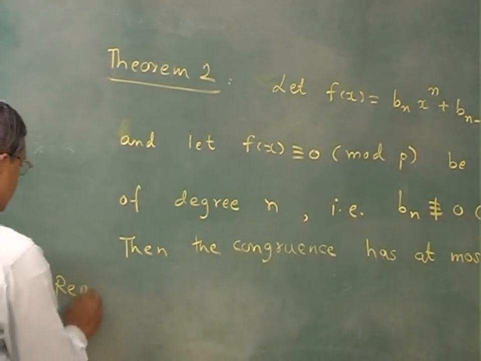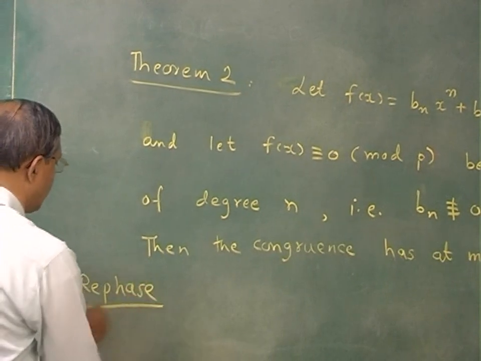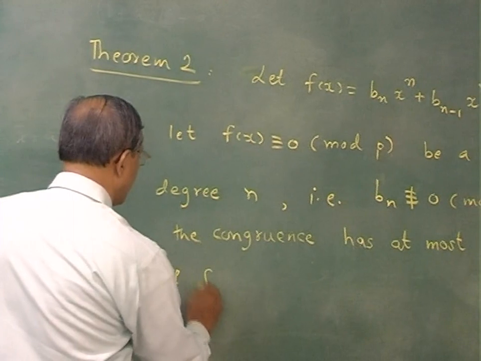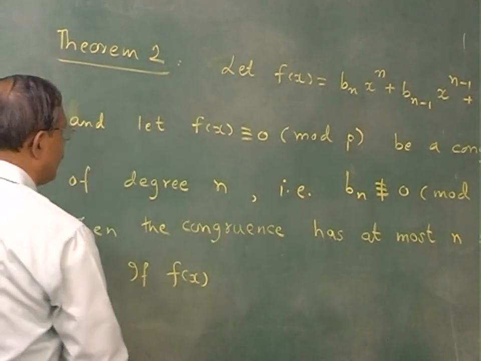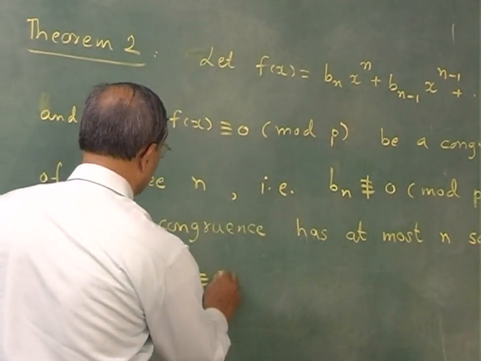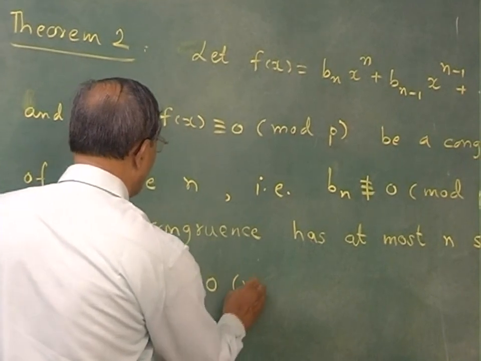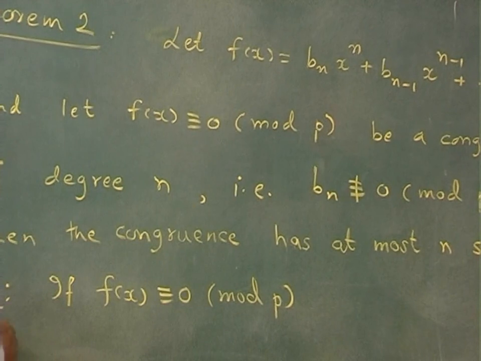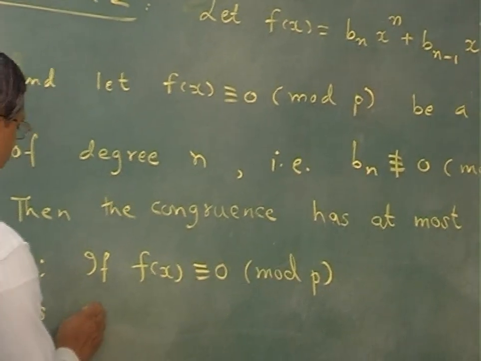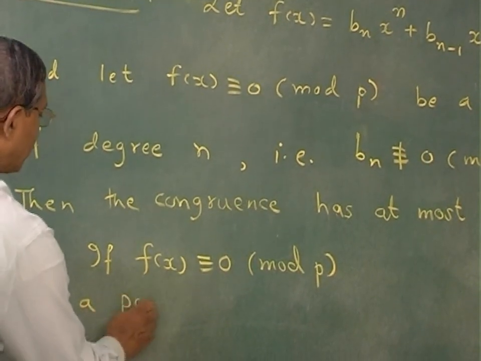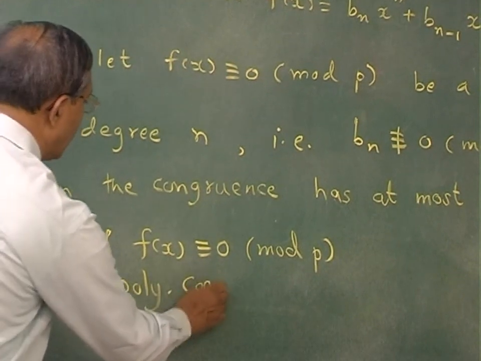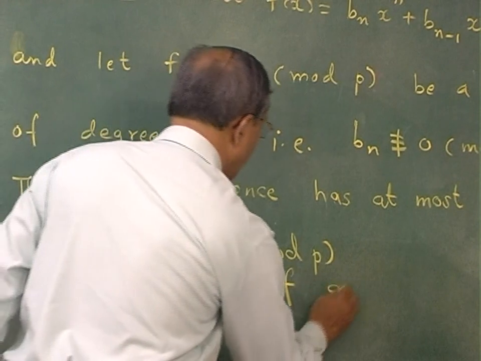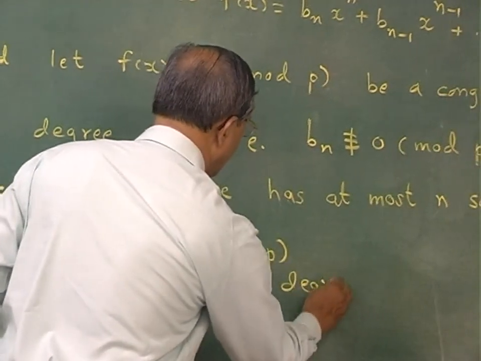So you can just rephrase this. If f(x) congruent to 0 mod p, prime, is a polynomial congruence of degree n.